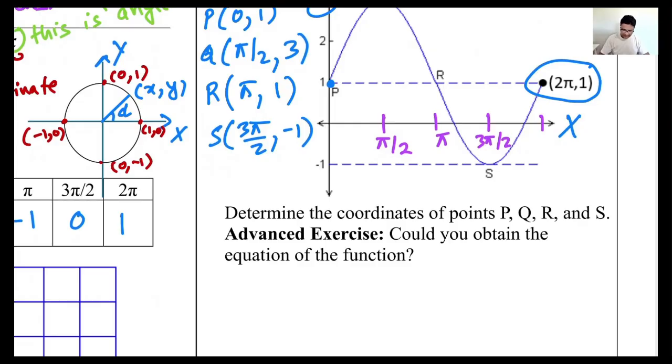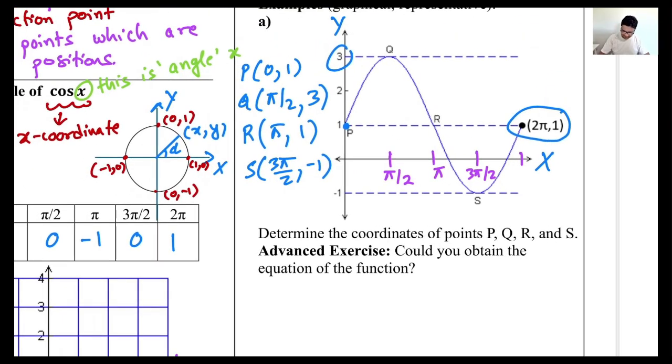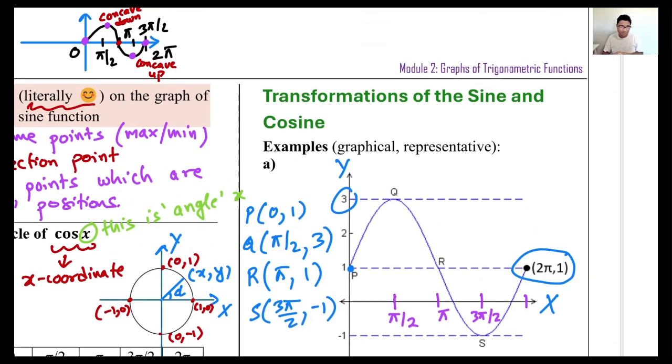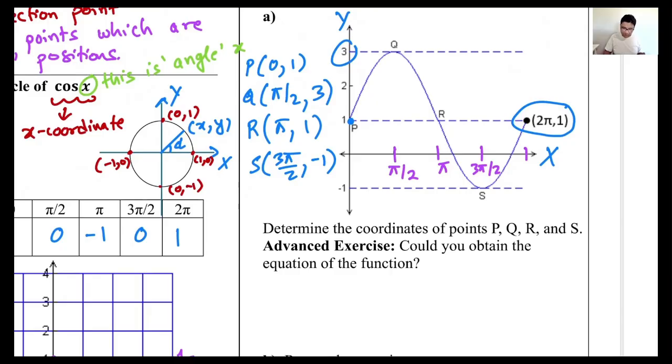After identifying the coordinates of these points, does that give us an idea about how this graph was obtained, starting with either sin x or cos x? Which one could you do a transformation on? We are trying to explore the transformations. So how could you start with sin x, and what transformations would you do to get this graph?